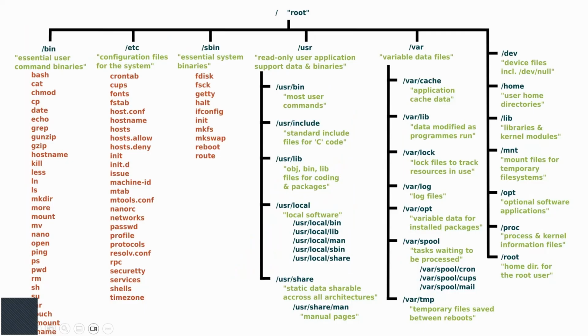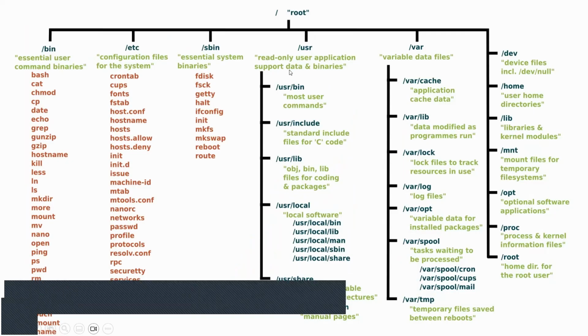We have root as the topmost folder of Linux that we have here with us. So a single slash, then root is there, and further a number of other folders are a part of it, like we have slash bin, slash etc, slash sbin and so on.